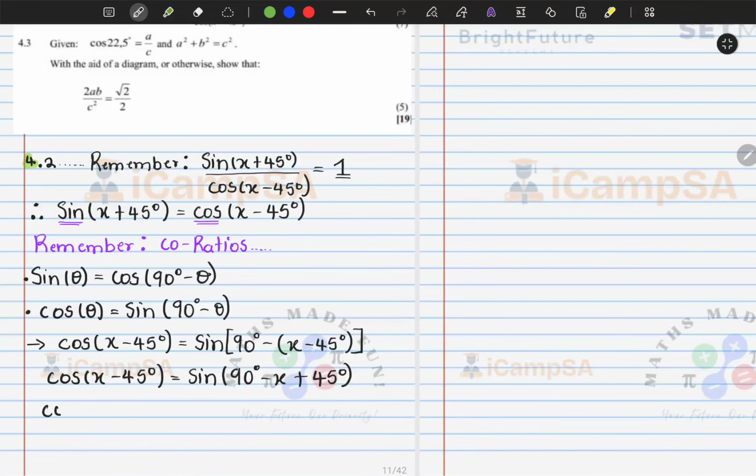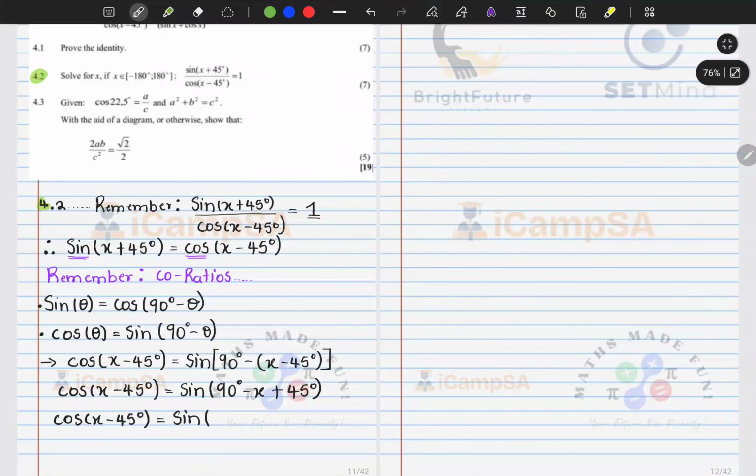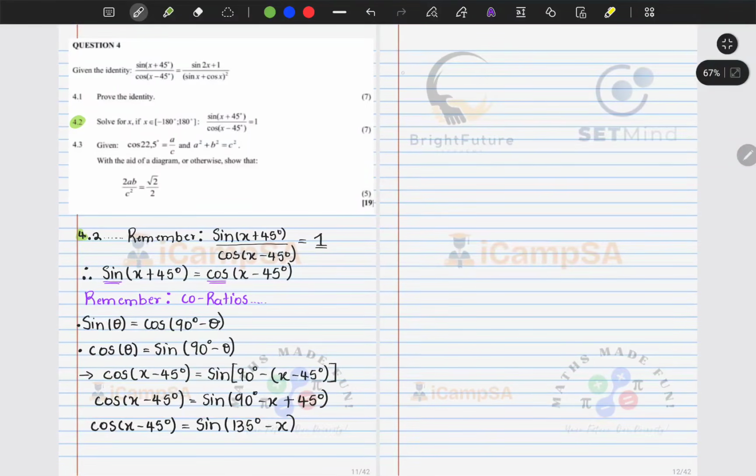Which means that our cos of x minus 45 degrees will end up being sine of 90 plus 45, which will end up giving us 135. So we have 135 degrees minus x. And guess what?